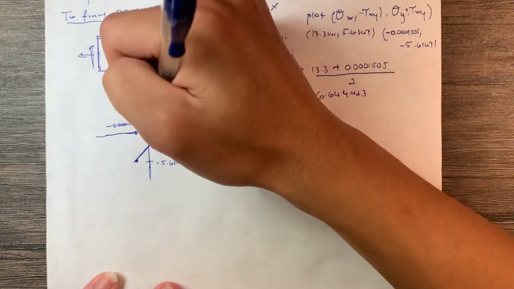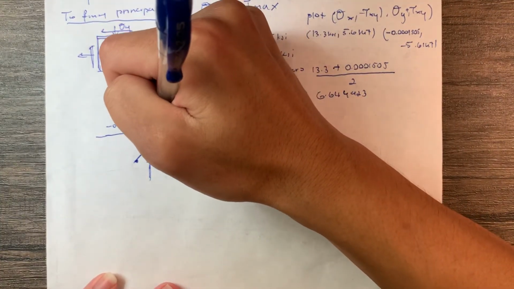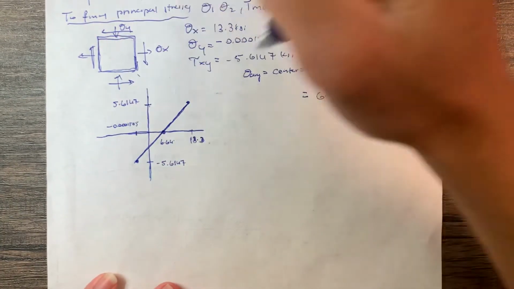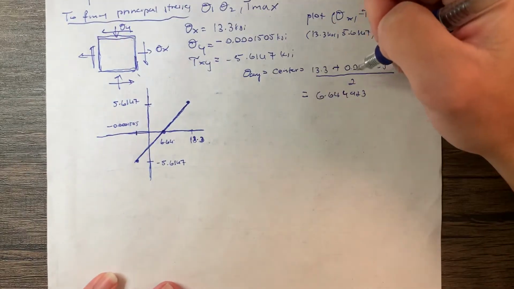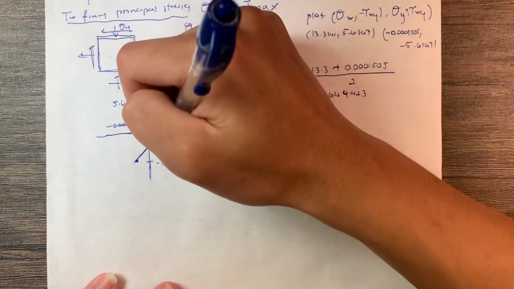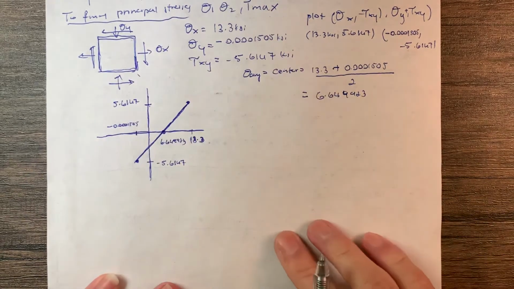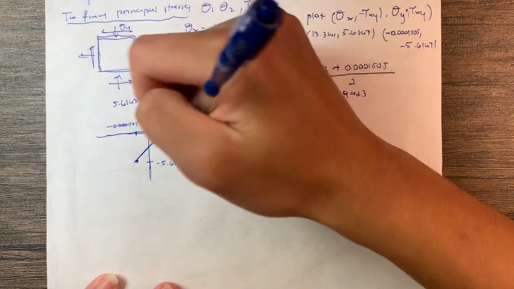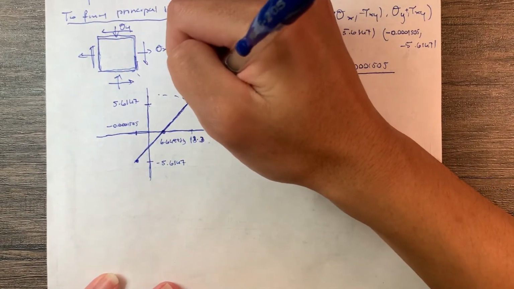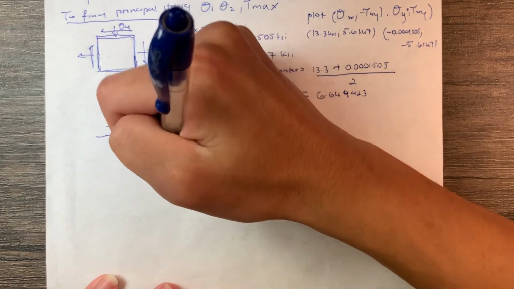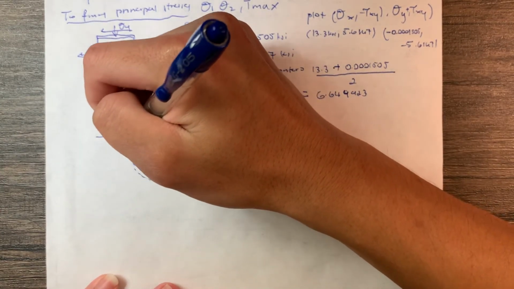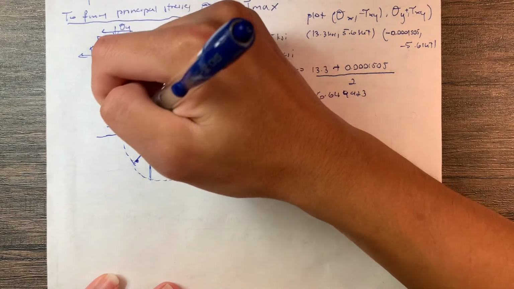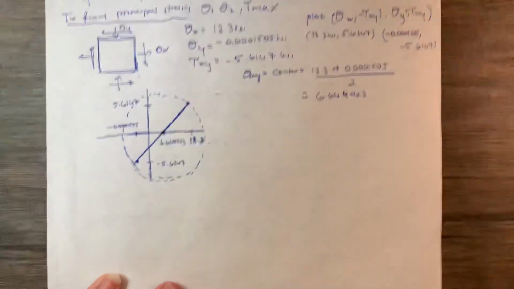Okay, so this is the center, and our circle will look something like this.